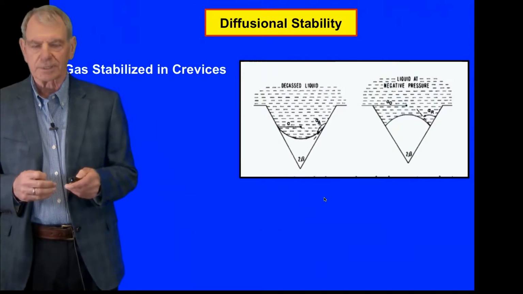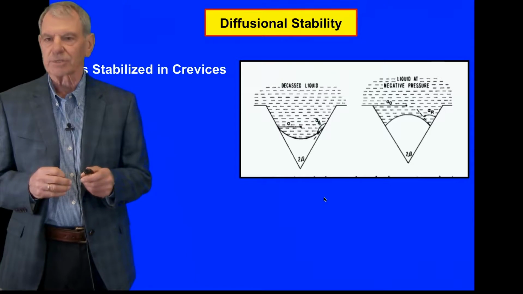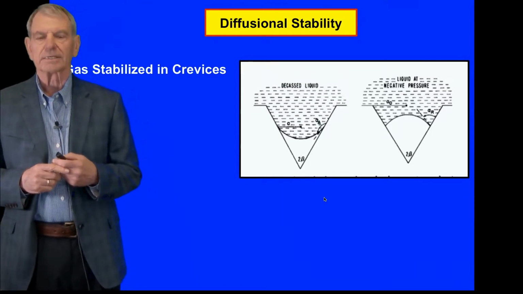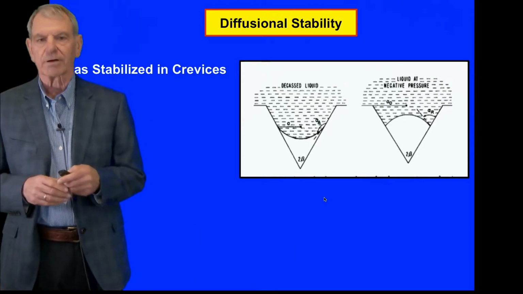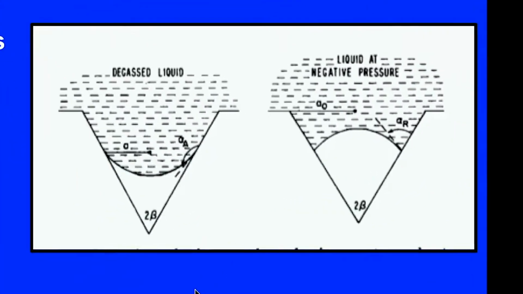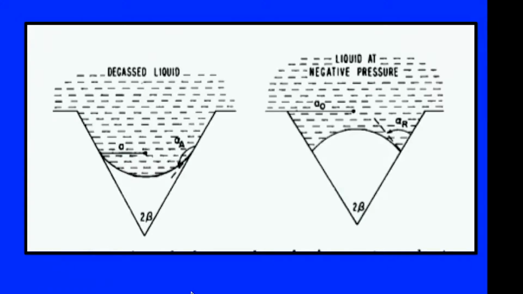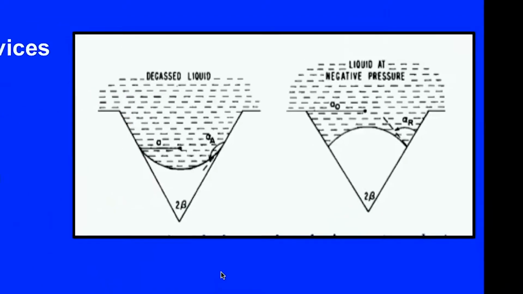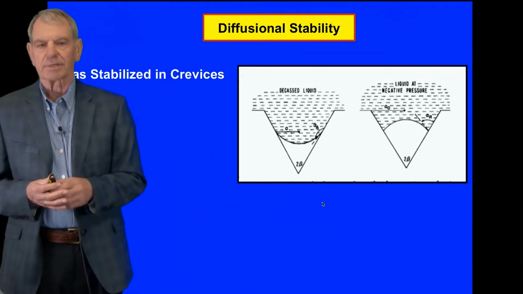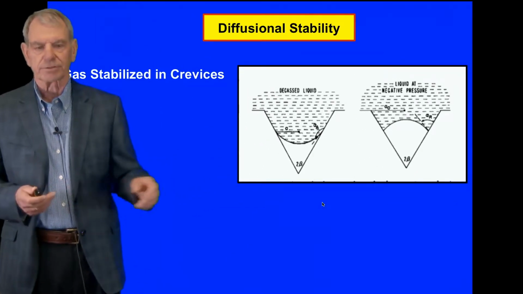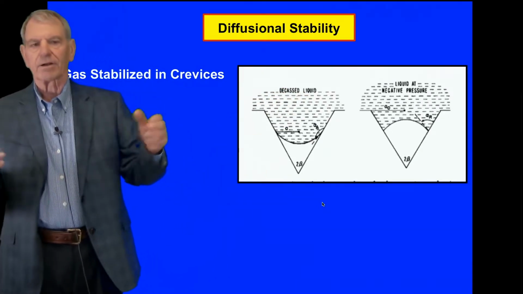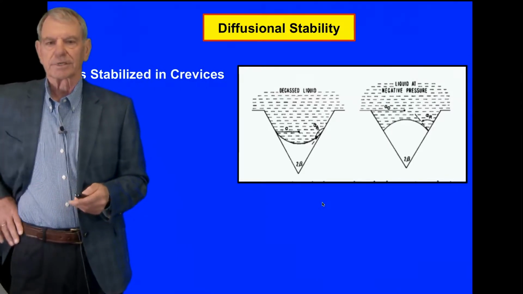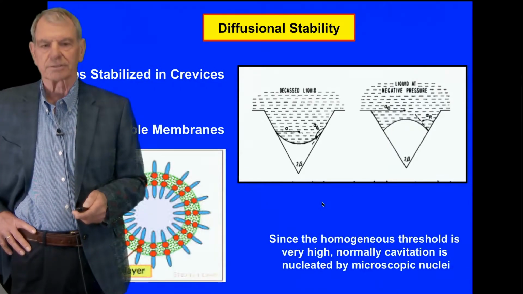So there has to be what we call a cavitation nucleus. Over many, many years, we've developed this sort of crevice model of cavitation. In this particular case, particles in the liquid with cracks and crevices in them can stabilize gas. Then when the pressure is reduced, the air comes out of these crevices, and we call this nucleation.